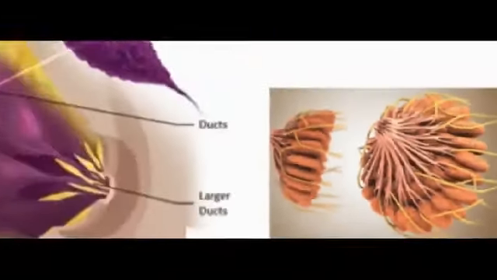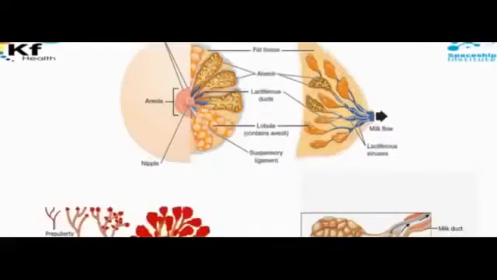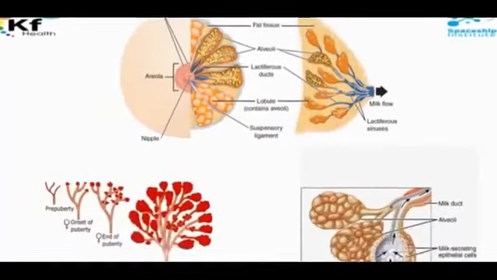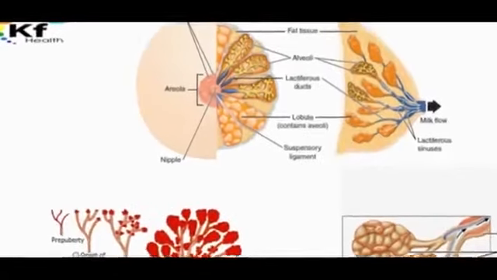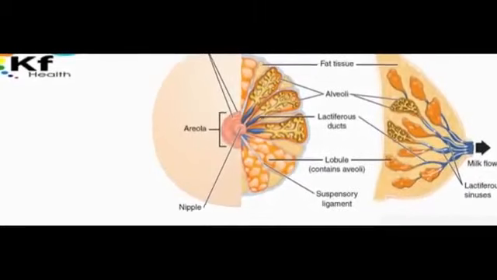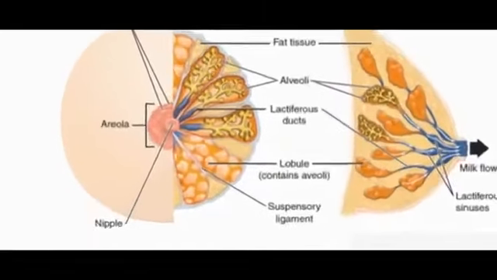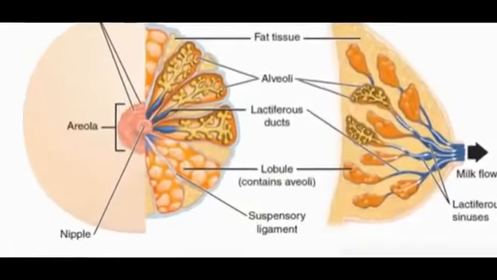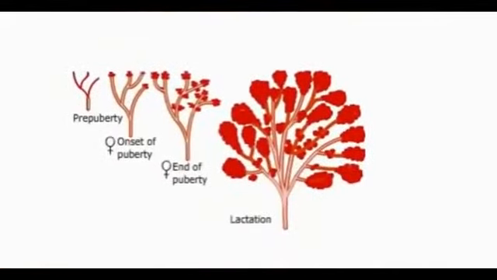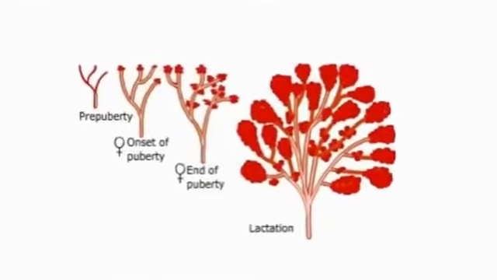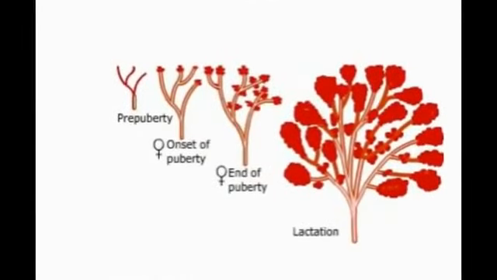Okay, then we go to the next slide. The next slide is a representation of the ducts inside. As you see, we have a separation into sectors, and each sector has more or less its own organization. This is like a flower, like the organization of a leaf of one flower. So we have the duct system, and the end is the alveoles.